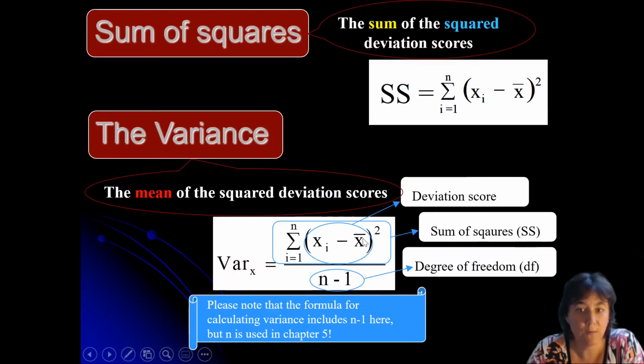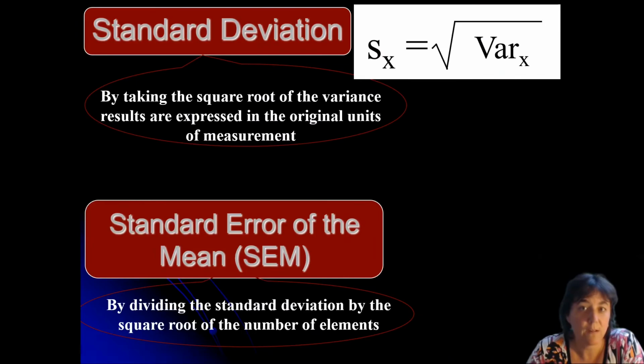Remember, we squared it, we divided it by n minus 1, but it's still milliseconds squared. So if we want to talk about milliseconds, we have to take the square root of variance and thus arrive at a single measure where the unit of measurement is easier.